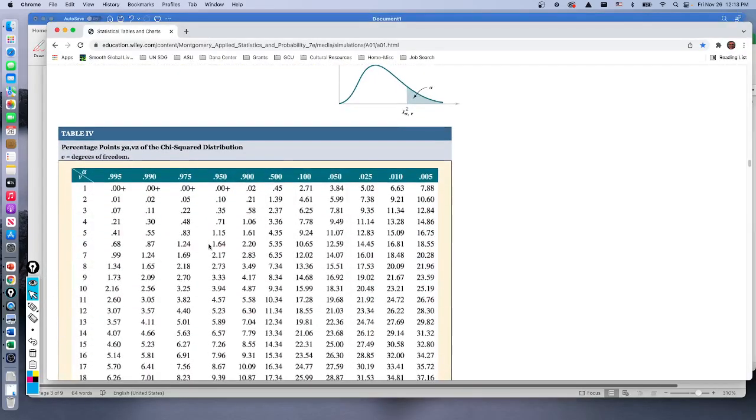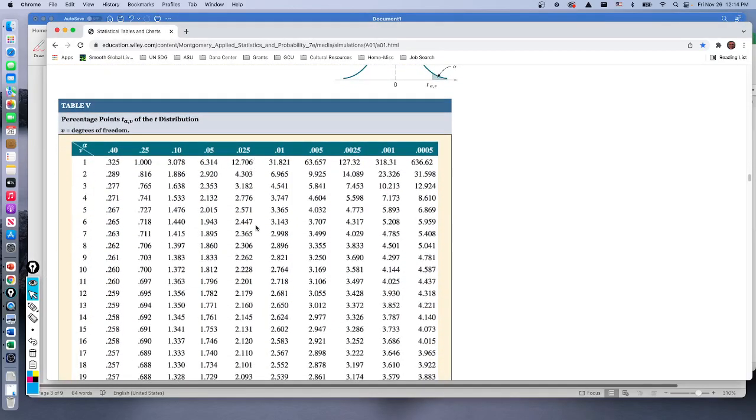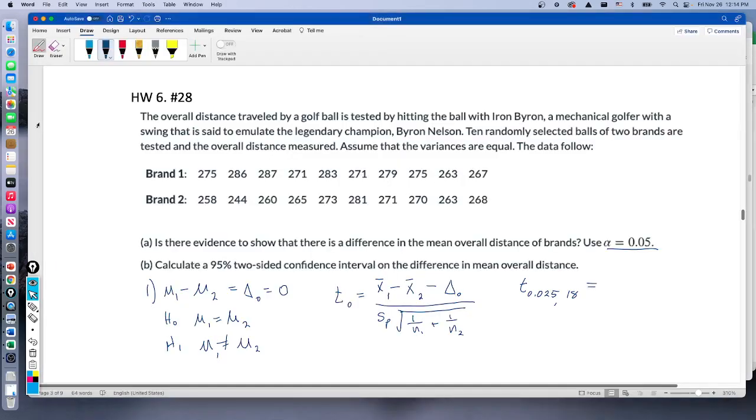Again, we got to get down here to the t, and this is going to be an alpha of 0.05 with 18 degrees of freedom, 2.101. So when do we reject? Well, if t naught is less than or equal to negative 2.101, or if it's greater than positive 2.101, that's when we would reject.